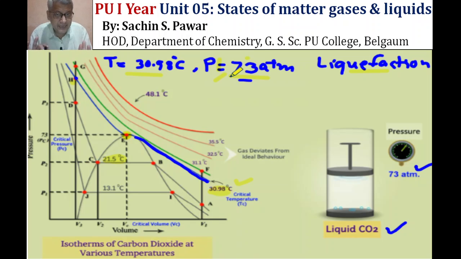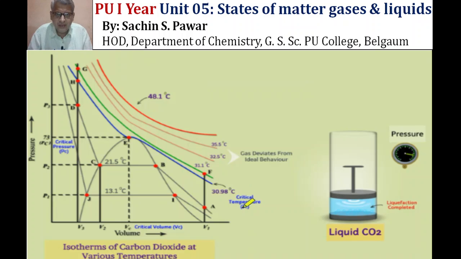This is what he has found out. Still he went down to this temperature. Now see this temperature: point A, 21.5 degrees Celsius.